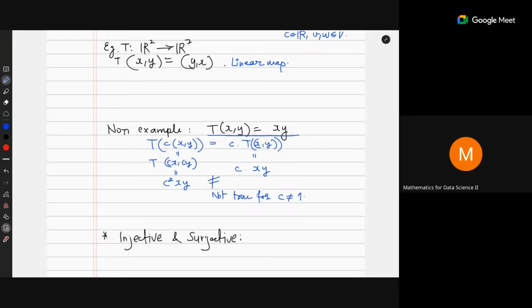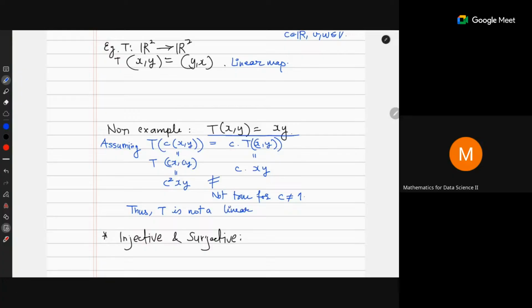This is correct. So I am assuming that it is a linear map, so it should satisfy this second property, and then I'm getting a contradiction. It does not satisfy the linearity property. So thus, T is not a linear map.